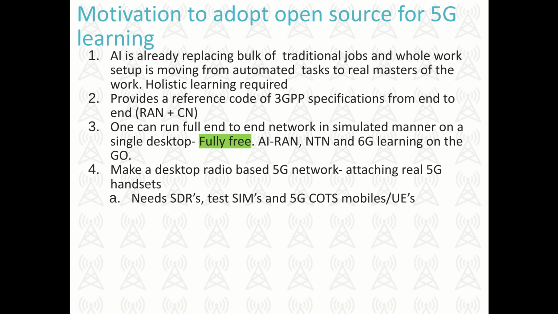So another thing is that the software part, or the implementation of the protocol of any specification following 3GPP, whether it is RAN or core network, actually follows a very standard and very unambiguous type of specification.